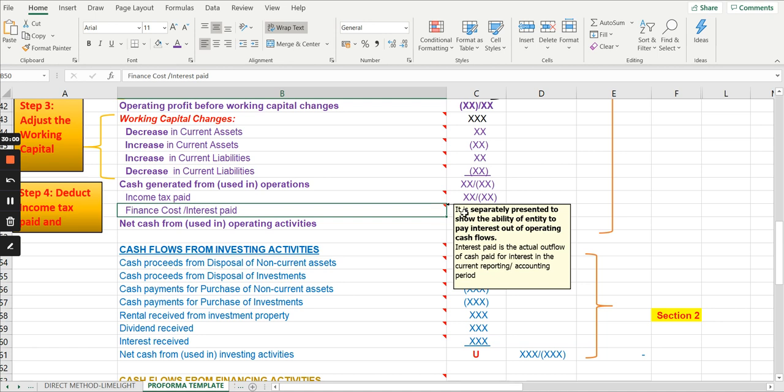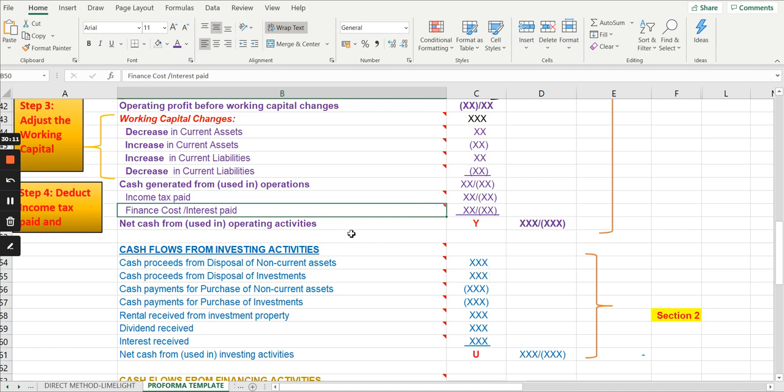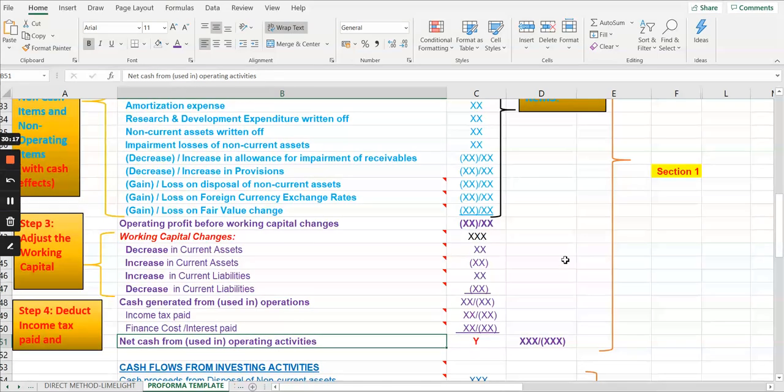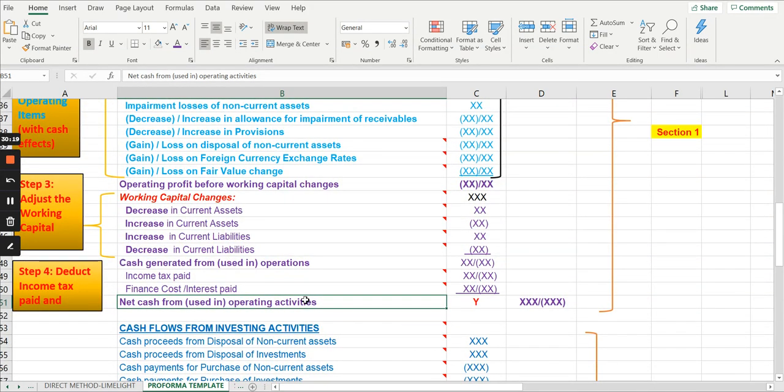So interest paid is the actual cash outflow for interest in the current reporting period. That will then give you the last total in section 1, operating activities, and you will now get your cash flow from operating activities, which I denote as Y.